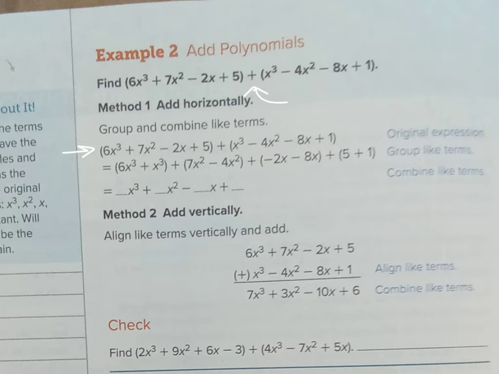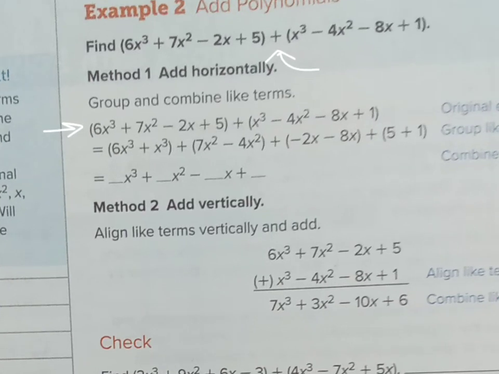So after they rearrange it, 6x cubed plus x cubed would be 7x cubed. Right, they got their x squares together, so it's 7 minus 4. So positive 3, right? So it'd be plus 3, because 7 minus 4 is positive 3, so plus 3x squared.